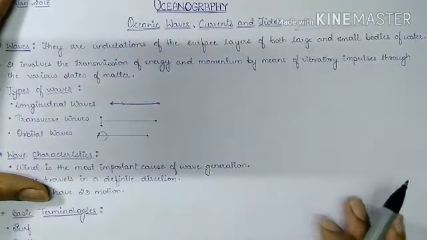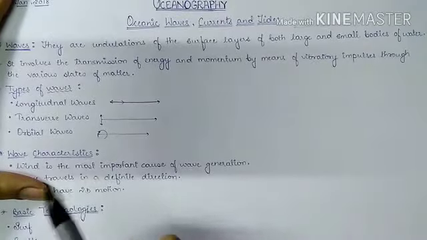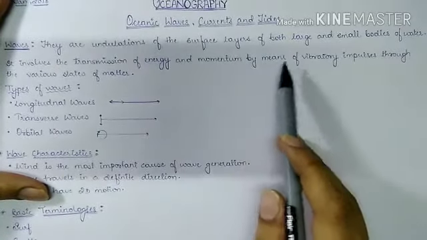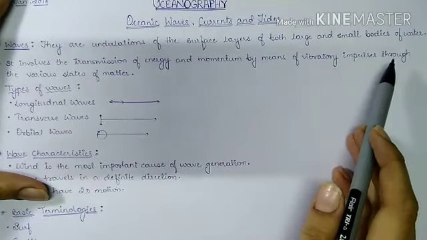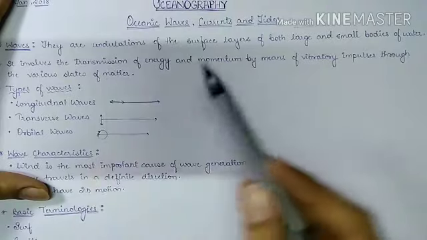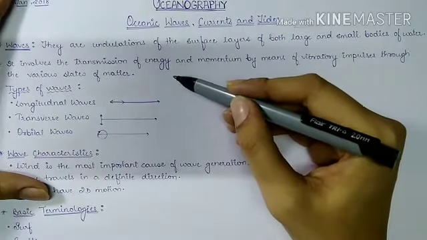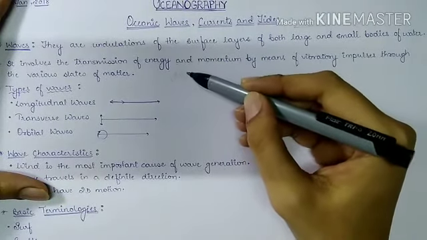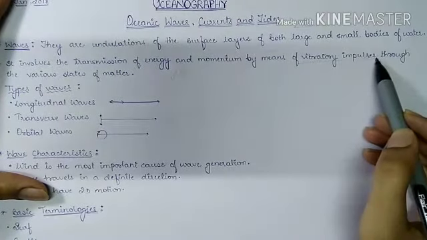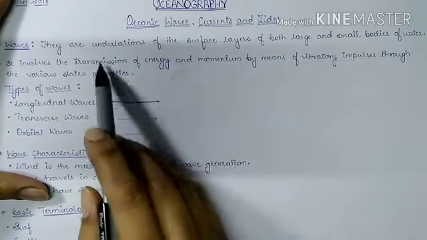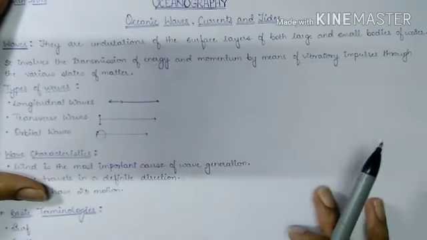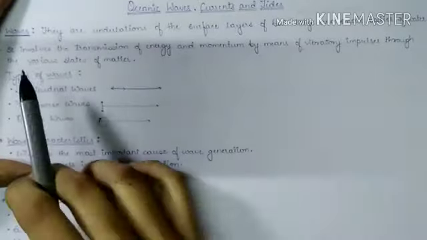Waves involve transmission of energy and movement by means of vibratory impulses through various states of matter. These vibratory impulses cause transmission of energy and momentum, and this leads to the formation of waves.